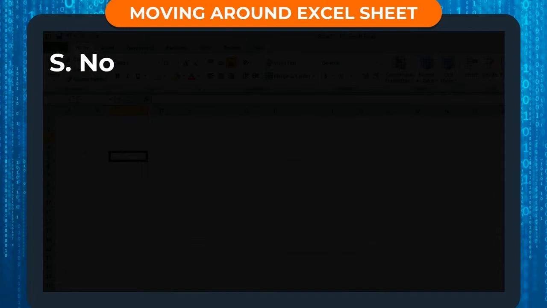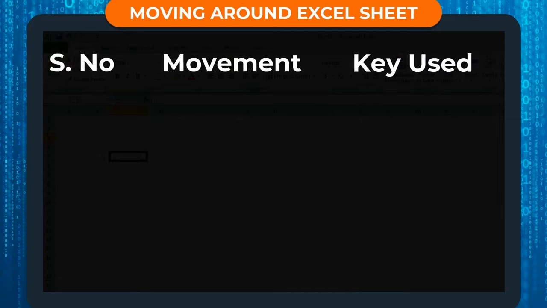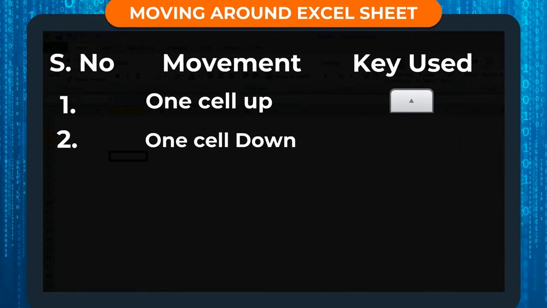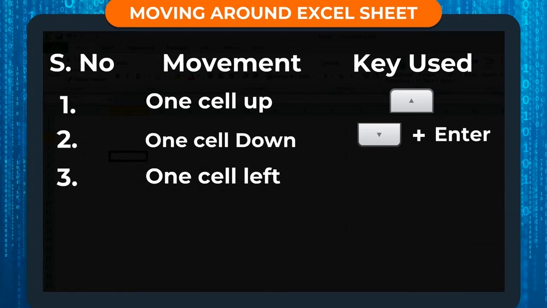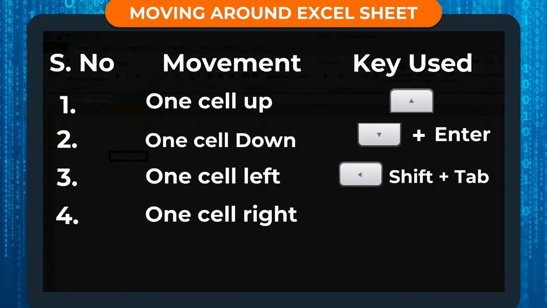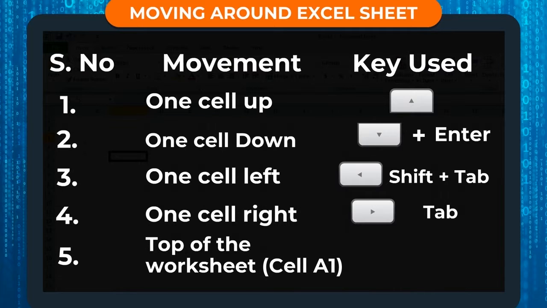Serial number, movement, key used. One cell up, one cell down: Enter. One cell left: Shift plus Tab. One cell right: Tab. Top of the worksheet, cell A1: Control plus Home.